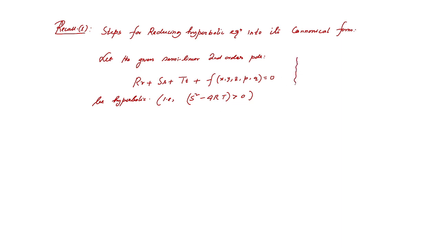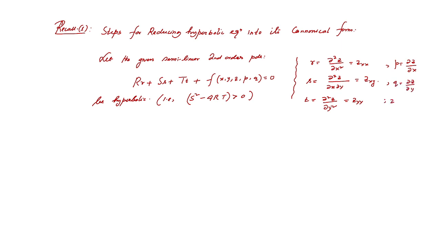এখানে একটু দেখে নেওয়া যাক what is the meaning of r. This is basically del 2z del x square, or you can say zxx. The meaning of s is del 2z del x del y, or you can say zxy, and t is del 2z del y square, that means zyy, and p equals to del z del x and q equals to del z del y, and z is basically function of x and y.